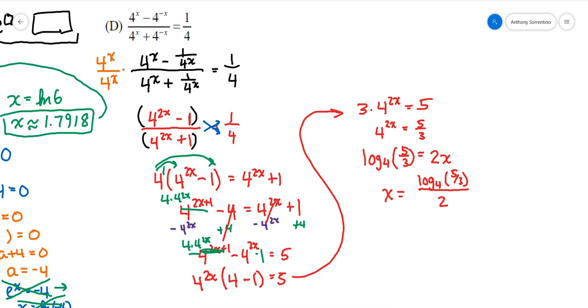I'm just going to use the change of base formula. I'm going to have x equals the log of 5/3 over the log of 4, all over 2. Of course, having this being divided by 2, that would just put a multiplication in the denominator.